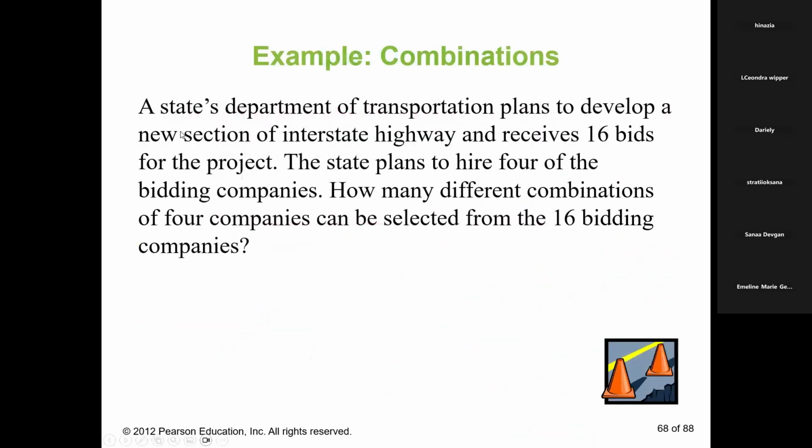Let's try here. A state Department of Transportation plans to develop a new section of interstate highway and receives 16 bids for the project. So that's n.